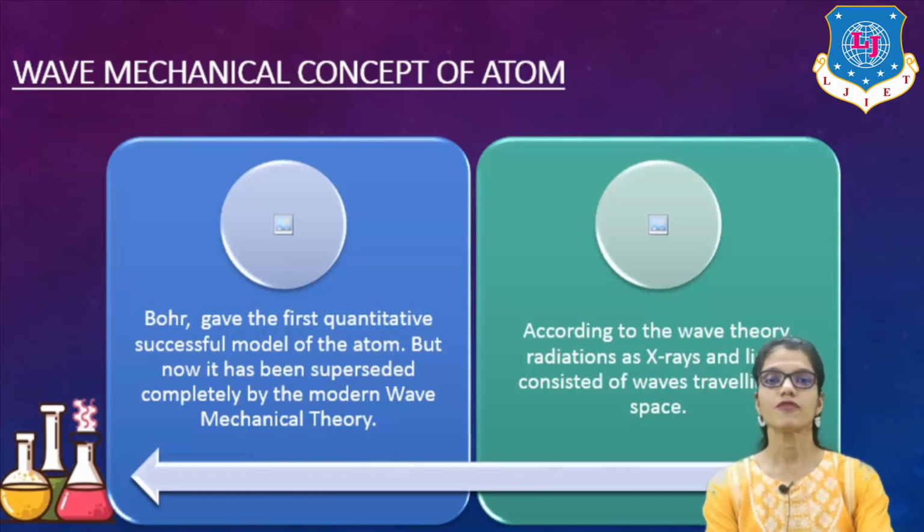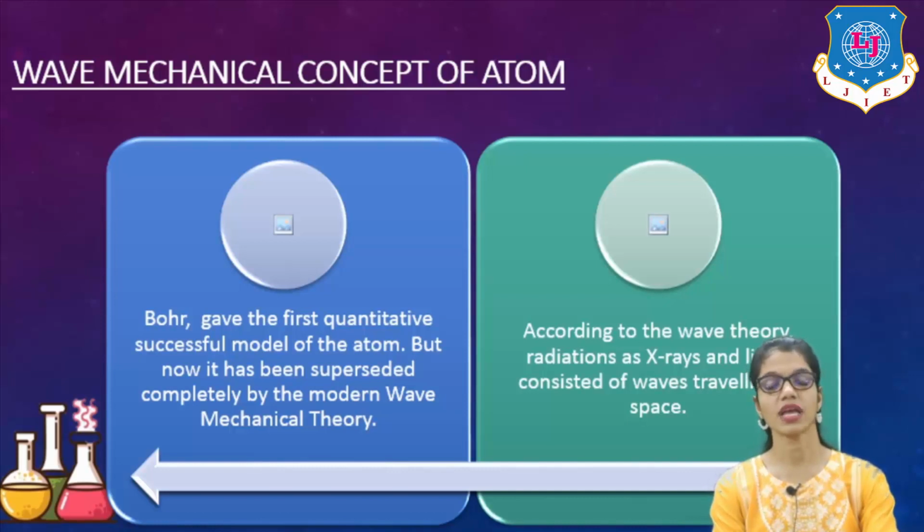So the first study of the atom was given by Bohr. But afterwards, modern theories came into existence, and those modern theories took over Bohr's theory. They are known as the wave mechanical approach.